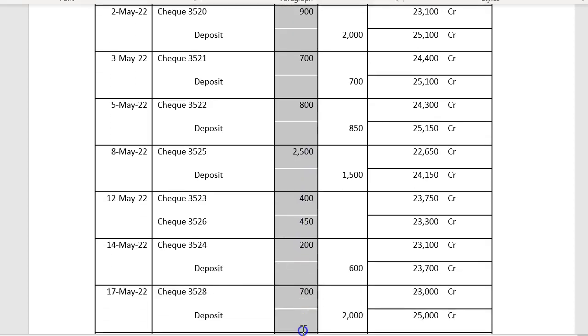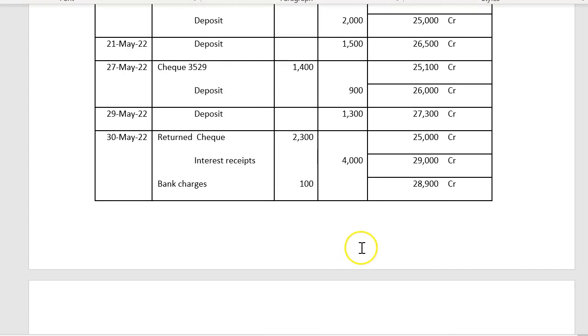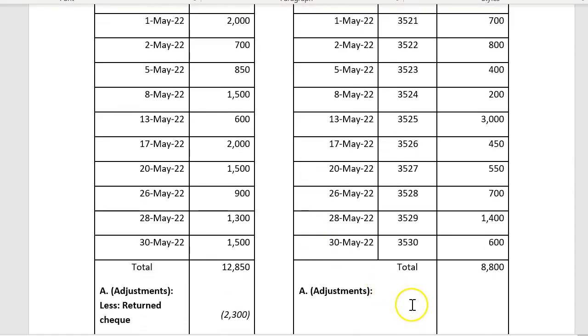Let's check for bank fees or charges. There you go. Bank charges, bank fees and interest charges are recorded by the bank first, so you need to adjust the cash payments journal.